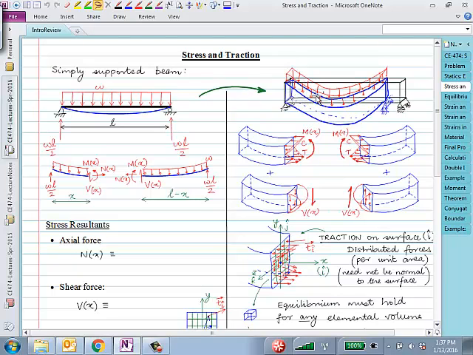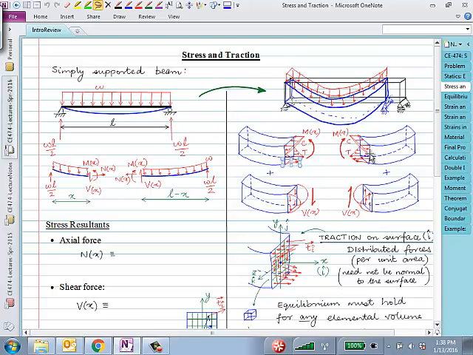I pointed out last time that in order for a body to be in equilibrium, every sub part of that body also needs to be in equilibrium, right? So no matter what part of that beam I choose, it has to be in equilibrium.